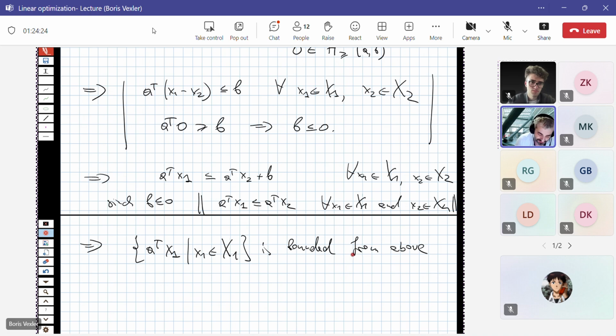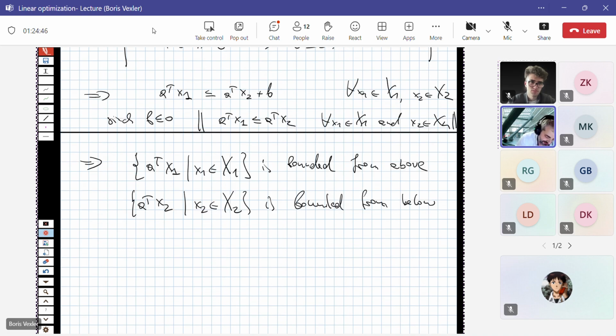Therefore, this set is bounded from above. And for the same logic, a transposed x2 for x2 in capital X2 is bounded from below. Therefore, there is a supremum of this set and there is an infimum of this set.